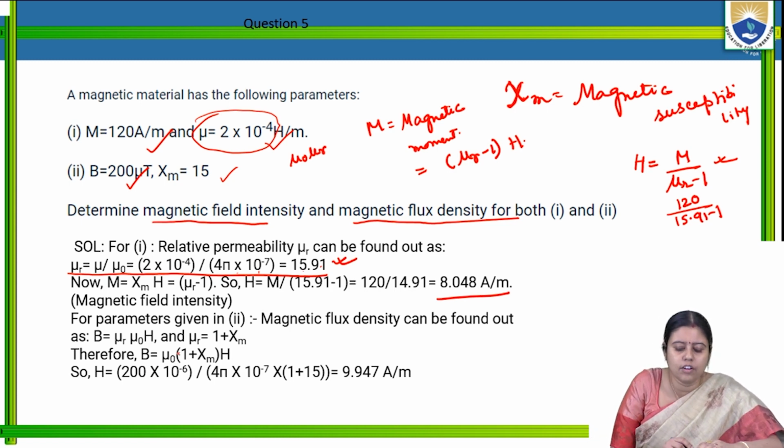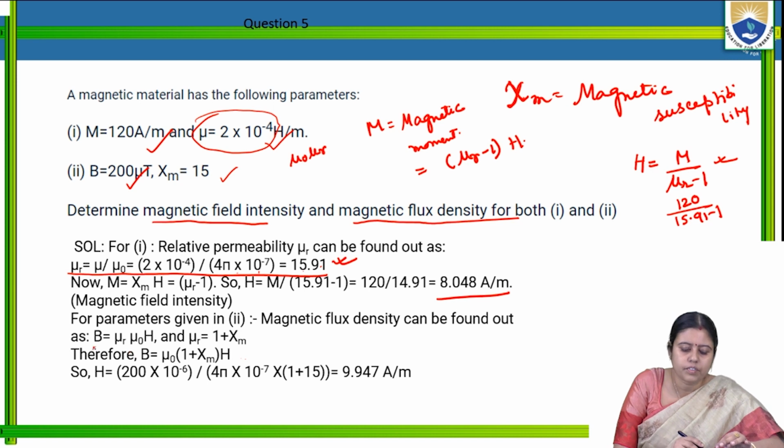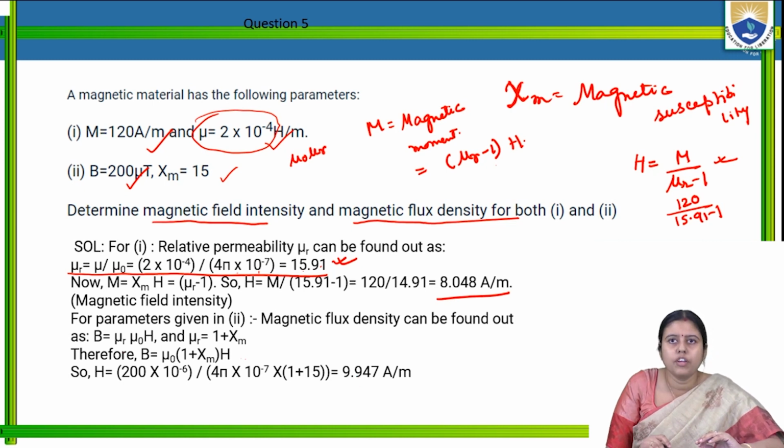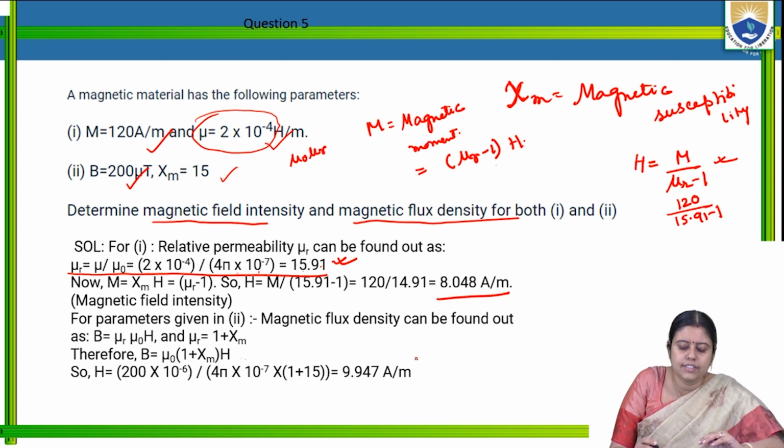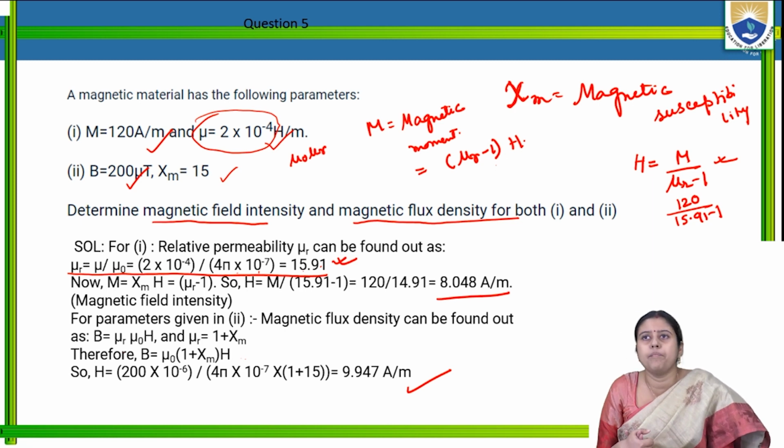We know B is equal to mu naught into 1 plus Xm into H. So H is equal to B by mu naught into Xm. The B value we know, the mu r value we calculated, and the mu naught value is also constant. If we put all the values here, we will get H is equal to 9.947 ampere per meter square.